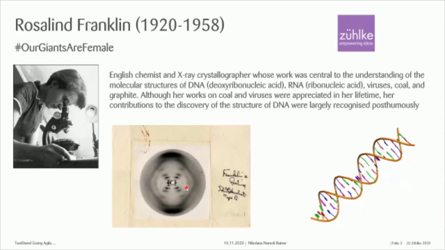So they published an article in Nature in 1953, and I quote, they said they were stimulated by a general knowledge from Rosalind Franklin. This was obviously a big lie, because without seeing this picture, they would have proposed the completely wrong theory.